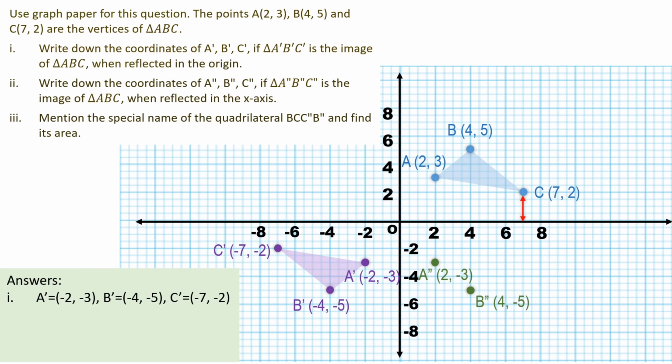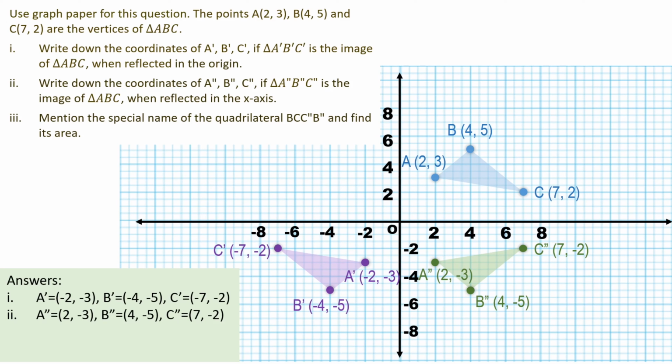And the image of point C in the x-axis is C double dash, that is (7,-2). So we got another image of triangle ABC after reflecting in the x-axis. So the coordinates of the vertices of triangle A double dash, B double dash and C double dash are A double dash (2,-3), B double dash (4,-5) and C double dash (7,-2).